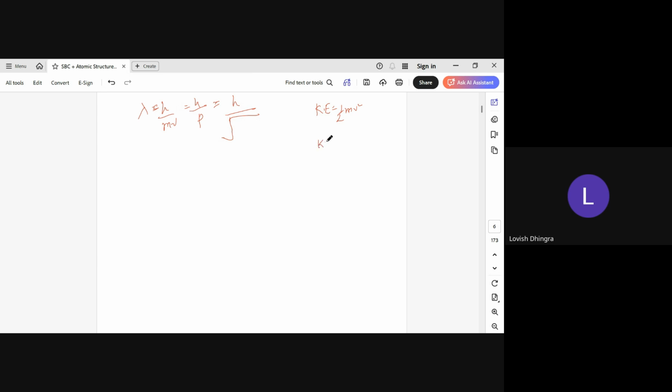So I will multiply by mass on both sides: half into m square v square. From here, mv can be calculated, and it will be the square root of 2m into kinetic energy. So lambda is equal to h upon the square root of 2m kinetic energy.